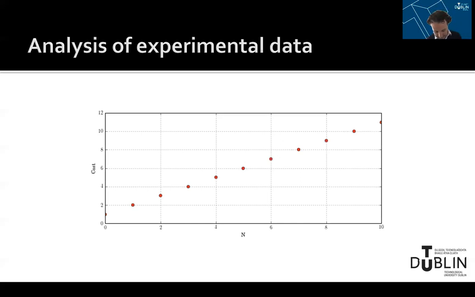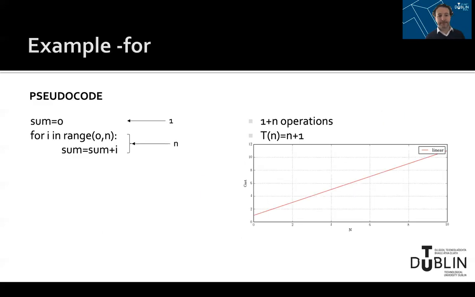If you put n is equal to 0, it'll take 1 operation. N is equal to 1, 2, and so forth. This is called linear because it's just a line, a line of slope 1. Here is our generalization. You change this such as 1, n plus 1. Very straightforward, very reasonable.